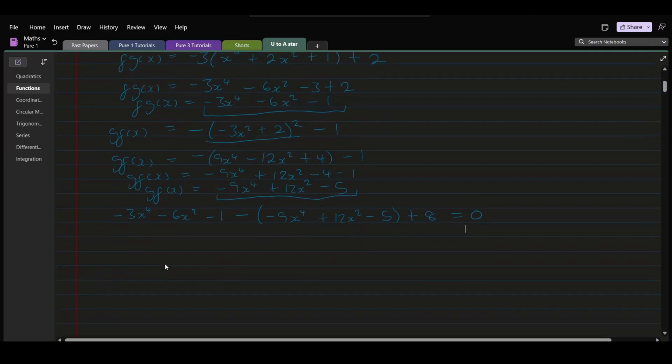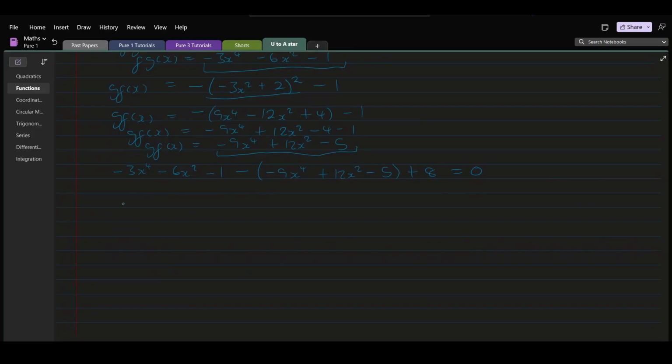So let's expand our bracket. That's negative 3x to the 4 minus 6x squared minus 1 minus 9x to the 4. So that's plus 9x to the 4 minus 12x squared minus 5, which is plus 5, and then plus 8 is equal to 0.